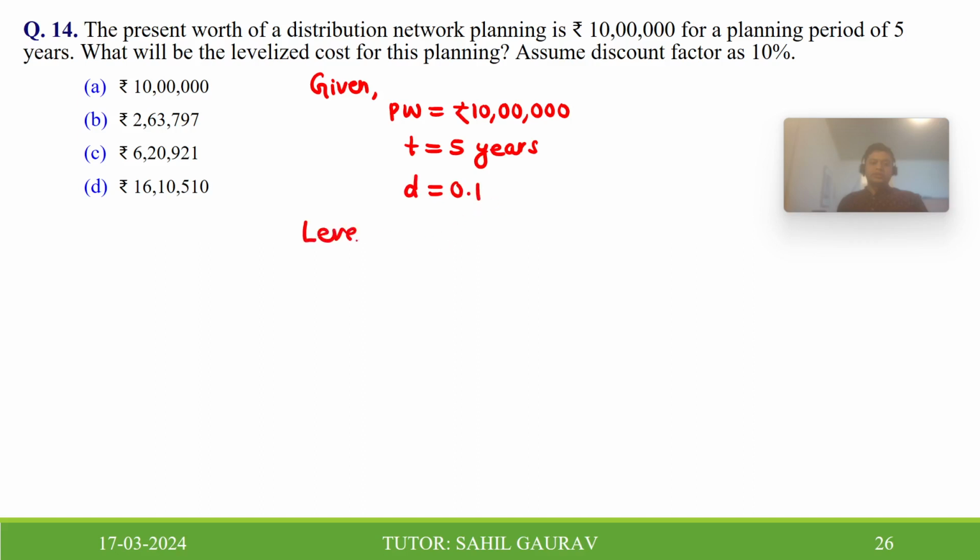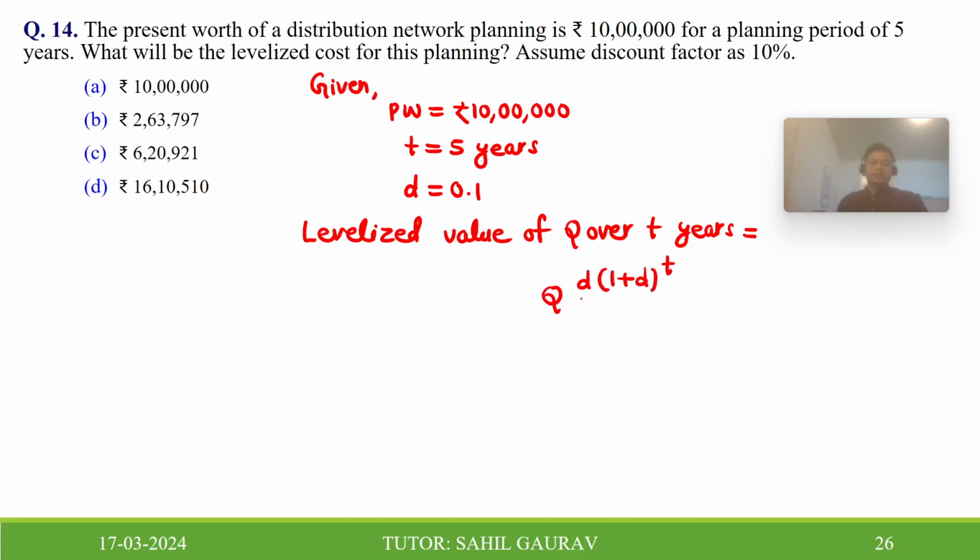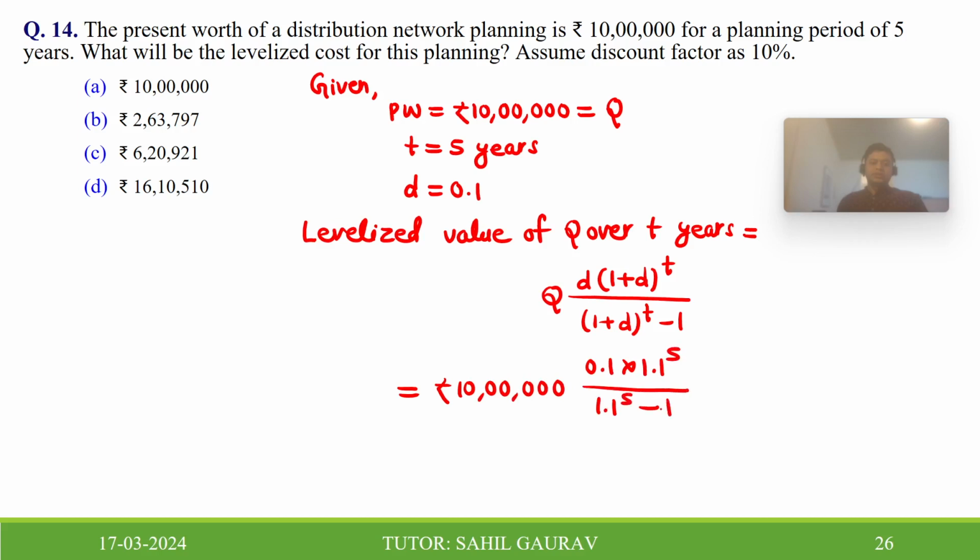So we know that the levelized value of Q over T years is given as Q into D into (1 plus D)^T upon (1 plus D)^T minus 1, and this is called the present worth as Q. So rupees 10 lakh into D, which is given as 0.1, into (1.1)^5 upon (1.1)^5 minus 1.